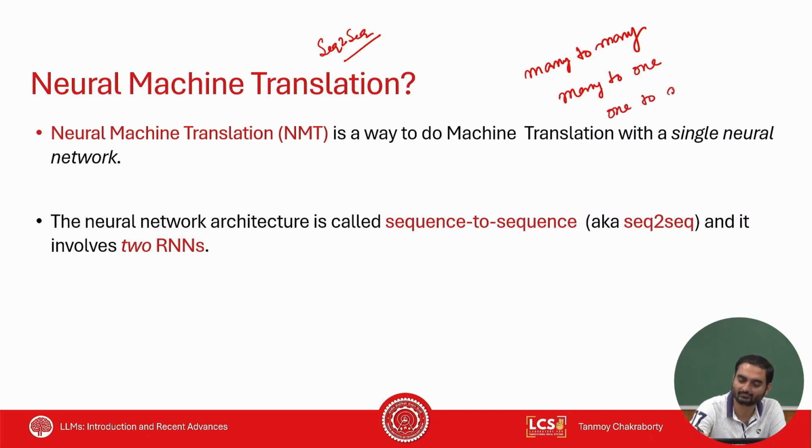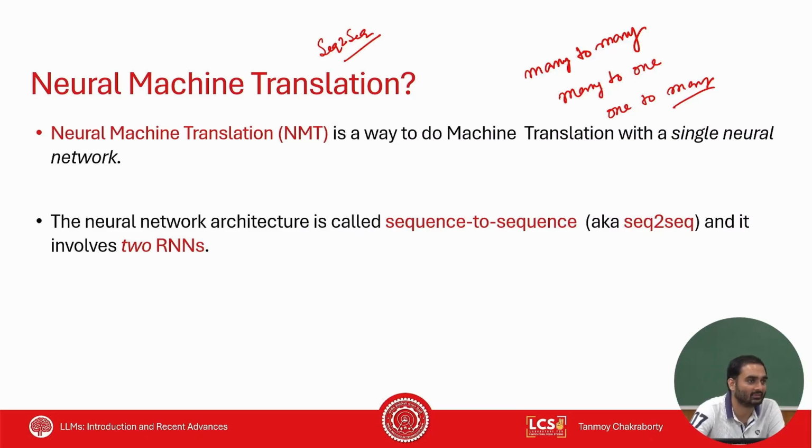What is one to many? An example of one to many? No, speech is sequence to sequence. Speech generation, music generation: what's the input? The input will be a prompt, so that is many to many.